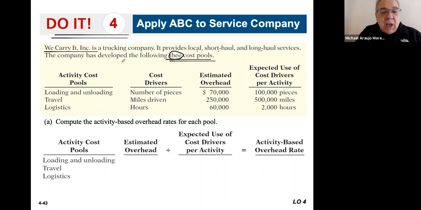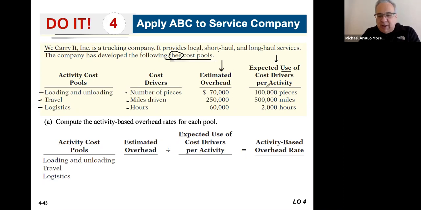For sure. So of the 3, they have loading and unloading, travel, and logistics. The main cost driver in loading is the number of pieces. The main cost driver in travel is the number of miles driven. And the main cost driver for logistics is the number of hours. They have estimated the cost of each and they've given you the expected use per activity.